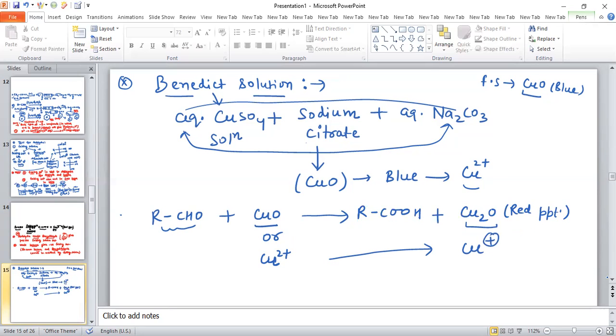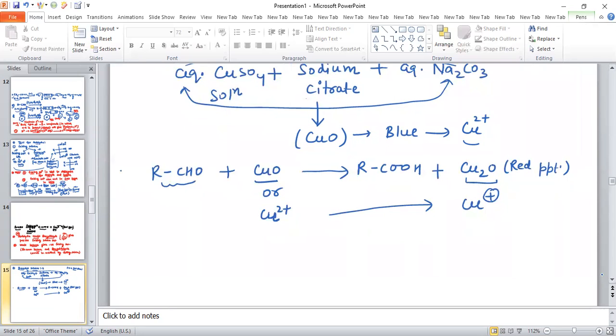Now see what the utilities of this Benedict solution are. Benedict solution is also used to distinguish aldehyde and ketone. So make a note: Benedict solution is also used to distinguish aldehyde and ketone.